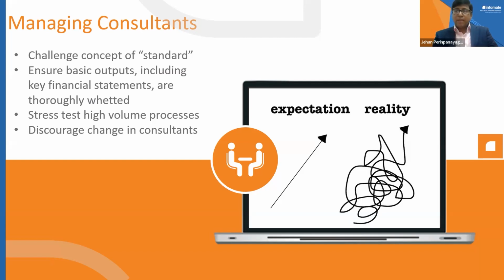Now, I know a company in the same industry that's able to get all of their basic financial statements directly from the system. So there's no reason why this company should not. But they've been told by the consultants that in their industry, because of the International Reporting Standard, IFRS 19, you can't really generate your financial statements, right? So ensure your basic outputs, including key financial statements, are thoroughly checked and vetted, and that you're getting them directly off the SAP.